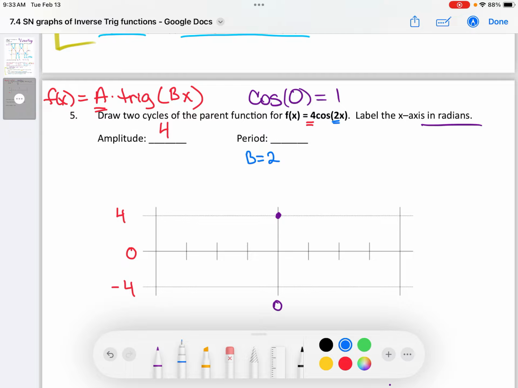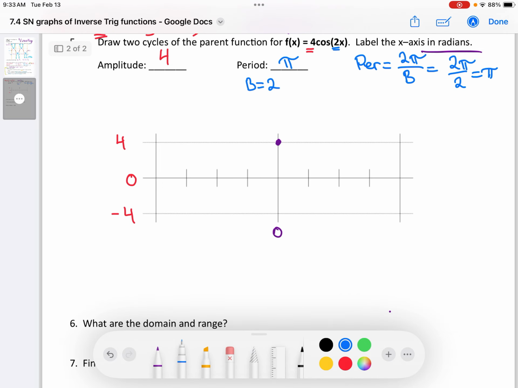To find the period in radians, is 2 pi over b. So 2 pi over 2, or just pi. So what that means is that one cycle ends at pi, the other cycle would be negative pi.